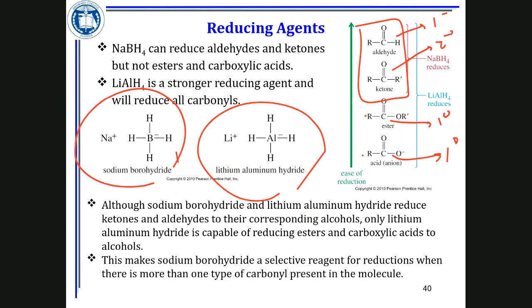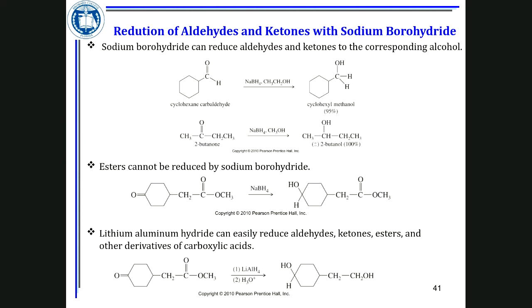Okay, the other advantage of using sodium borohydride. Sodium borohydride would give you primary alcohol with aldehyde, secondary alcohol with ketone. But let's say you have two functional groups here, you add sodium borohydride. Sodium borohydride would reduce the ketone to secondary alcohol, but it's not going to touch the ester functional group. So your ester is going to stay as ester.